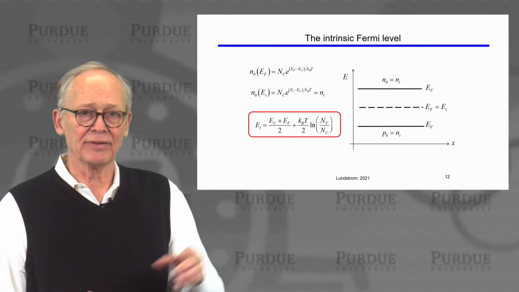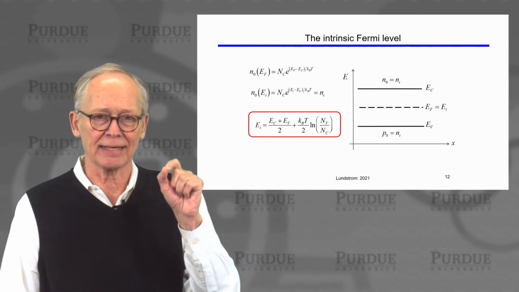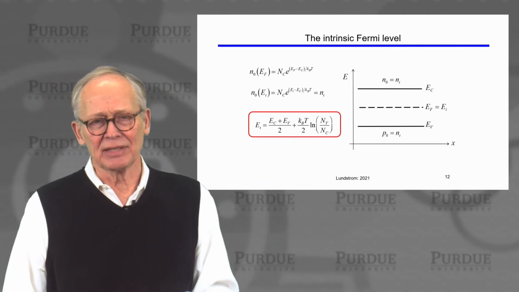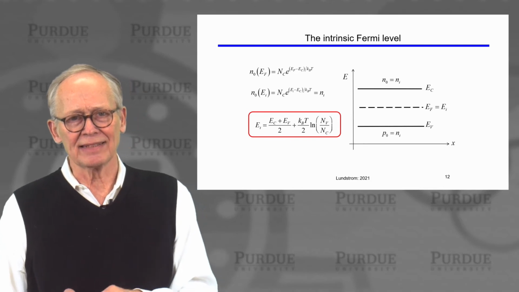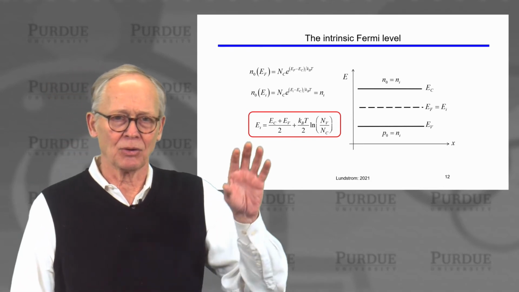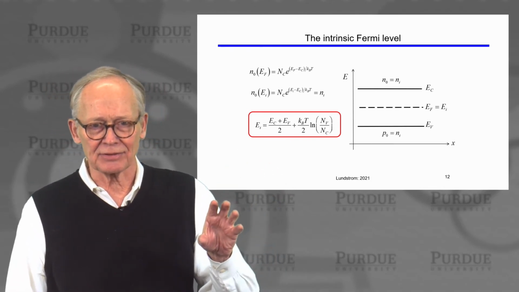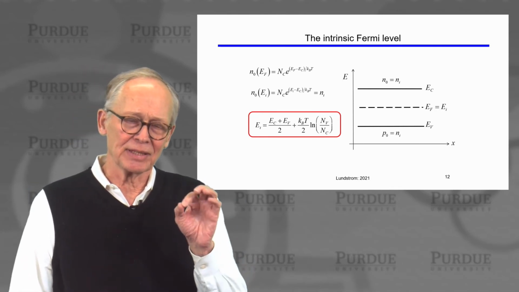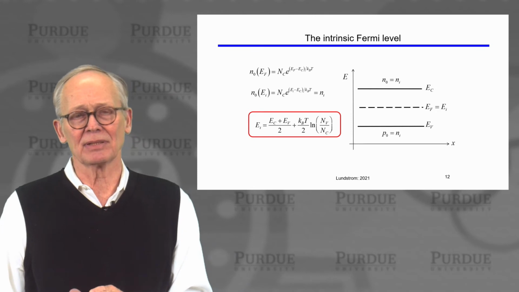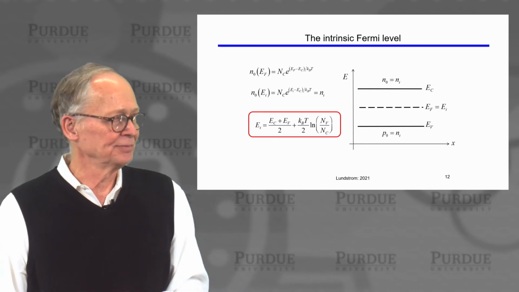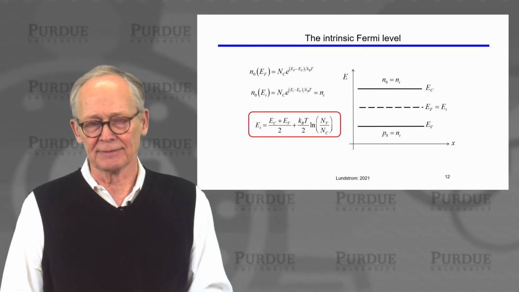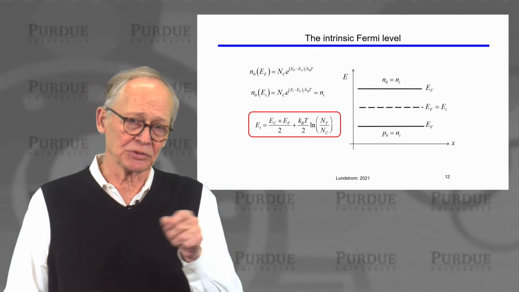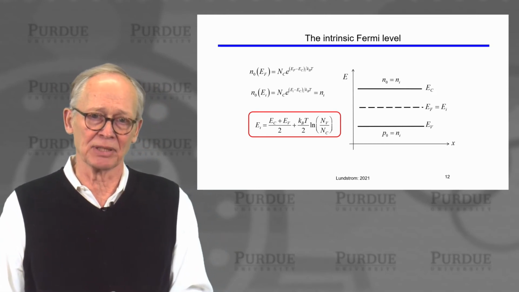(EC plus EV) divided by 2 is right smack in the middle of the band gap. But the effective mass for electrons and the effective mass for holes is slightly different. So to get the hole concentration equal to the electron concentration equal to the intrinsic concentration, the Fermi level is not exactly at the middle of the band gap, but it's very close. So this is the expression for the intrinsic level, which when we're sketching energy band diagrams, we'll just sketch as a dashed line in the middle of the band gap.